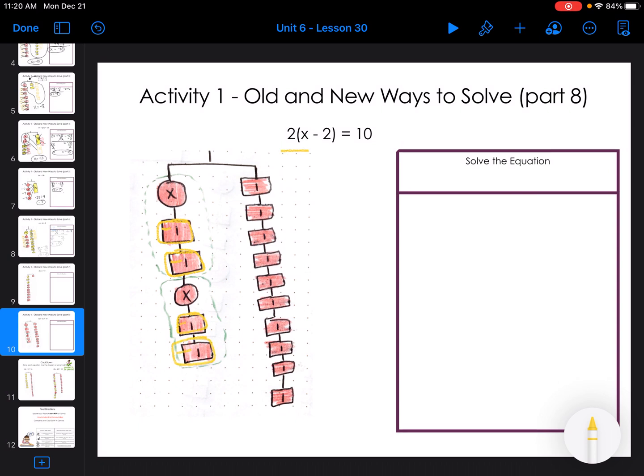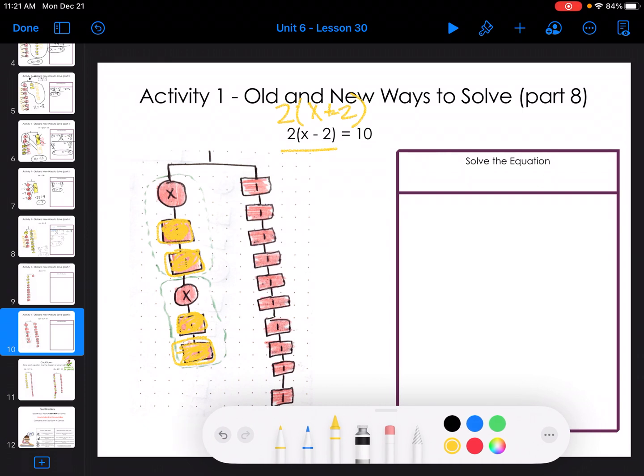Because it says x minus 2, which says 2 times x plus a negative 2. All right, so these are yellow. Well, that doesn't make it any easier, does it?